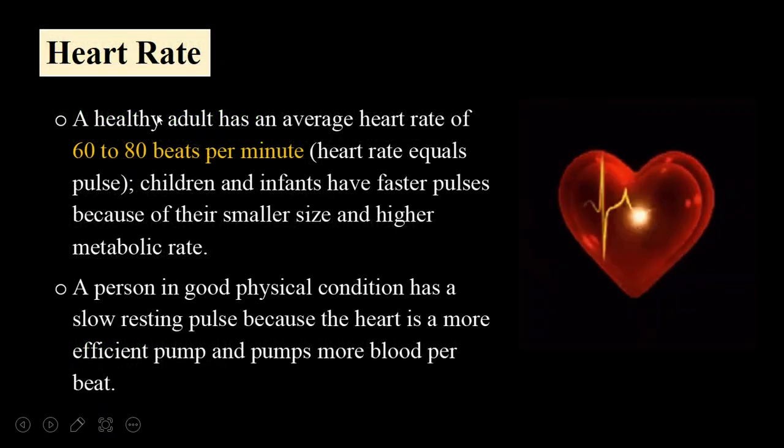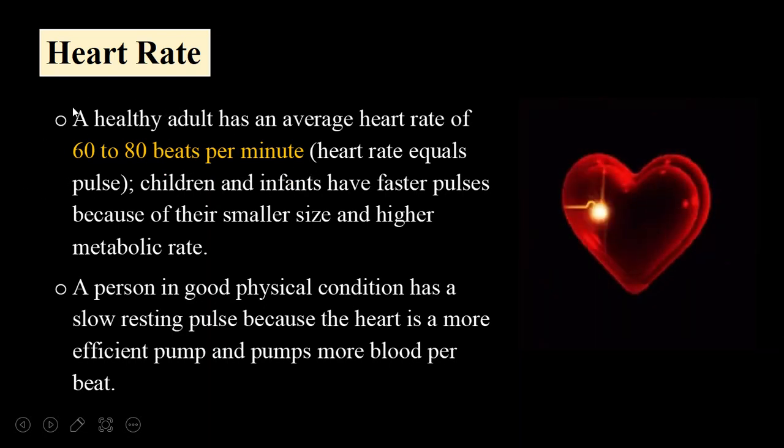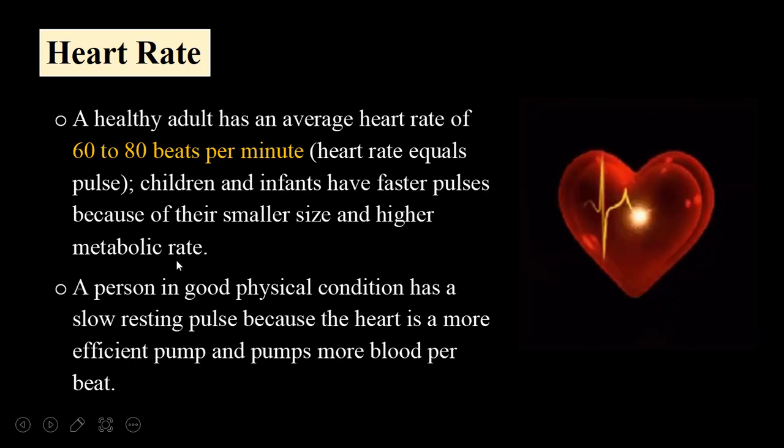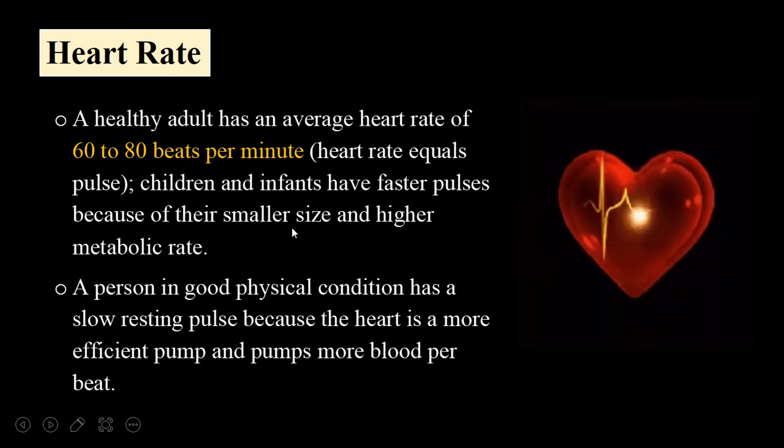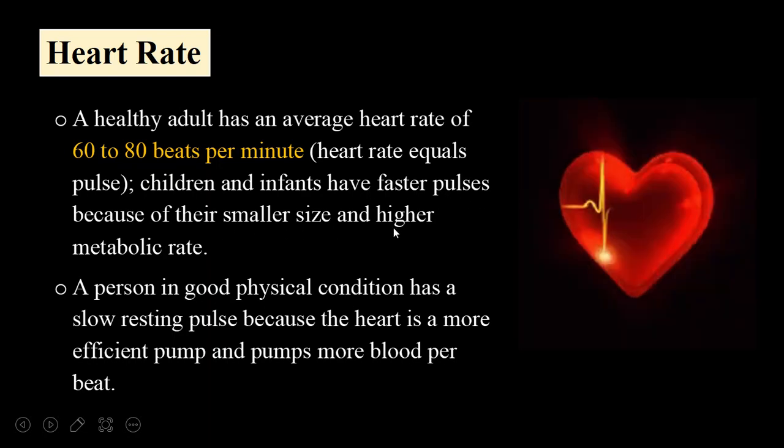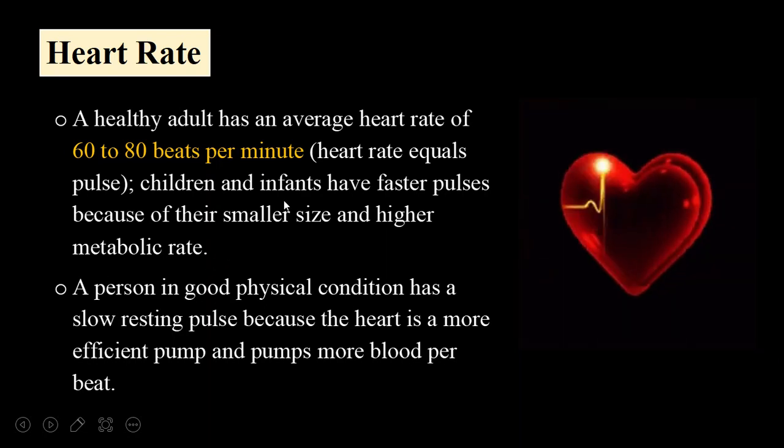We also have heart rate. A healthy adult has an average heart rate of 60 to 80 beats per minute. Children and infants have faster impulses because of their smaller size and higher metabolic rate: the heart rate of an infant or a child is 120 to 160 beats per minute, because their heart is smaller and they have a higher metabolic rate.